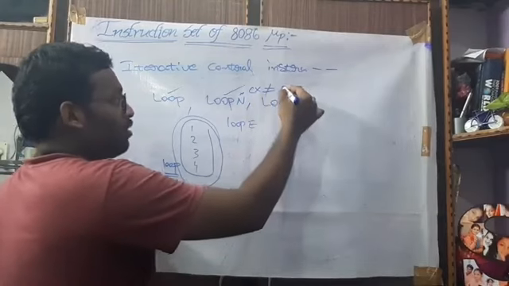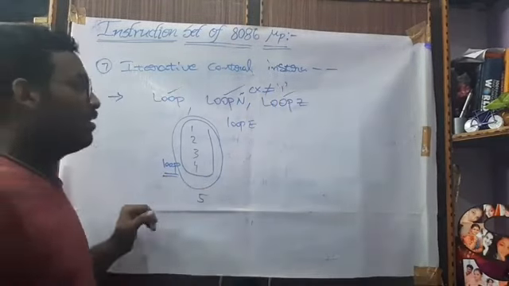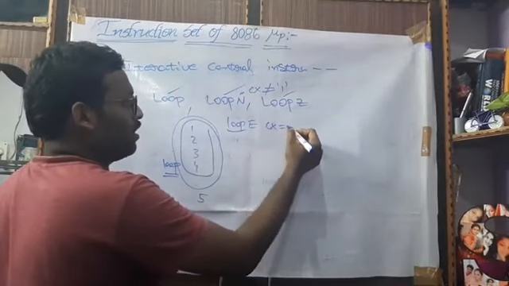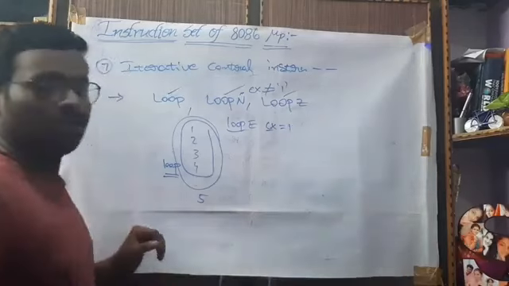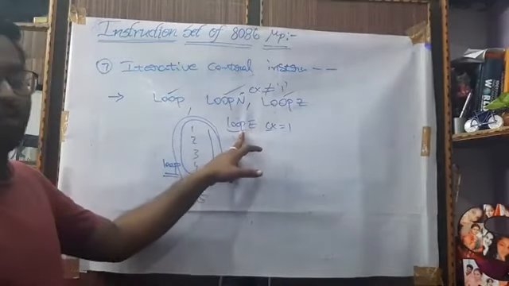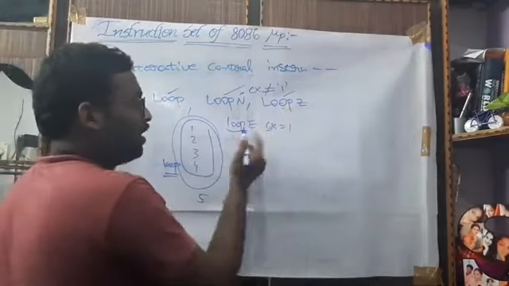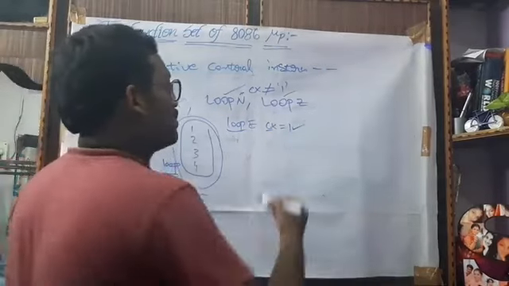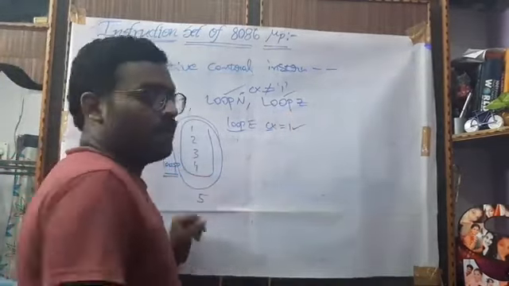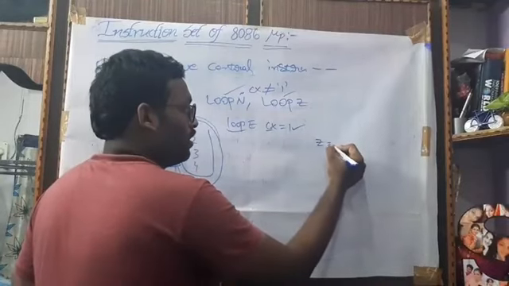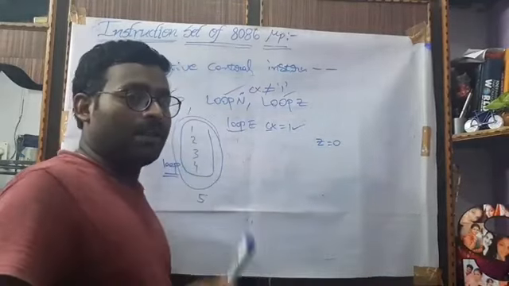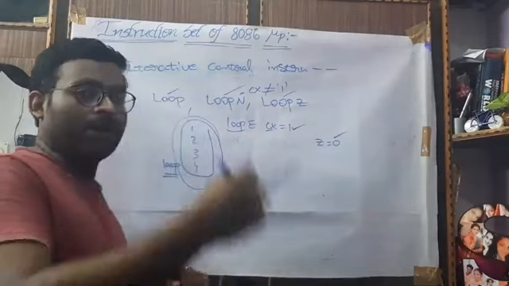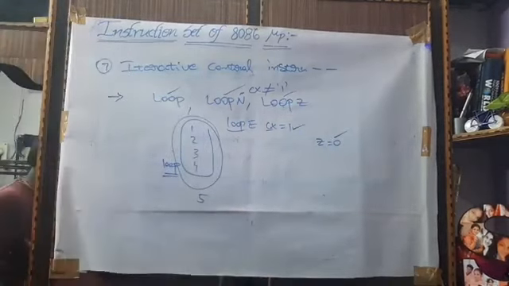Loop if equal condition: suppose CX is a register, and the content of Z is equal to 1, then this loop executes until CX is 1, repeating the instructions. LOOPZ means if the content of the zero flag is 0, until the content of the zero flag is 0, this loop will repeat. Okay, these are some iterative instructions.